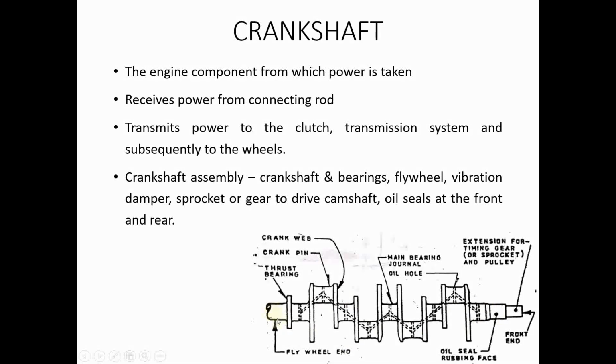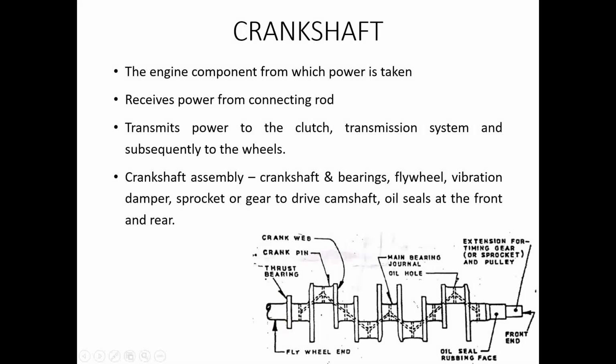If we start from the left side, we have the flywheel end where the flywheel is attached. Flywheel is usually a bigger wheel of comparatively larger weight, which is used to store kinetic energy, so that the energy that is produced during the power stroke is stored in the flywheel, and it is used to rotate the crankshaft for the next 3 idle strokes.